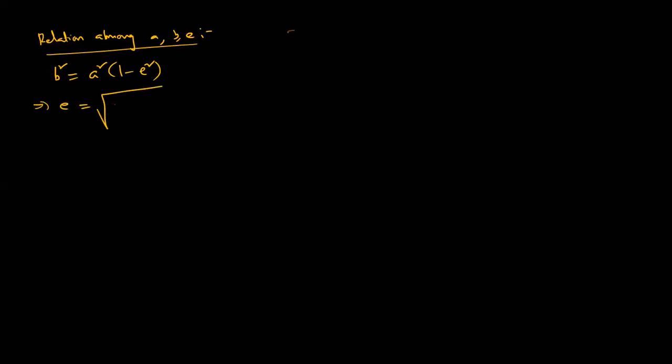The main point is the relation among a, b, e. It's very important. That is b square is equal to a square into 1 minus e square. So from this, what is the value of e? e is root of 1 minus b square by a square.